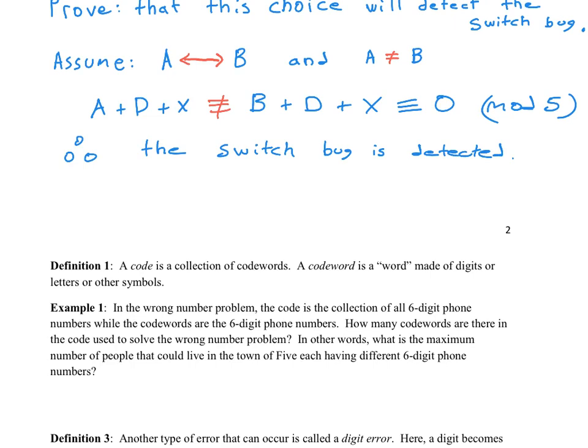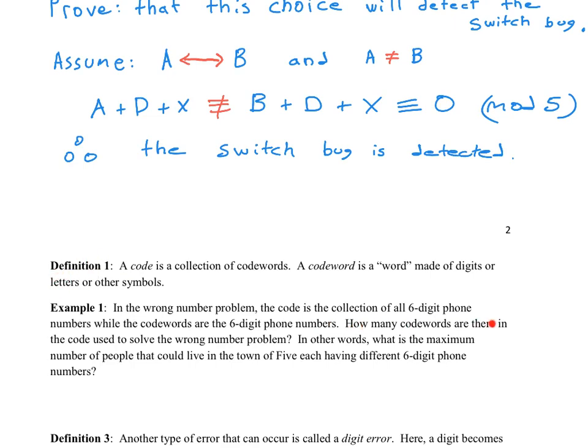So what's the idea with the wrong number problem in relation to codes and code words? So in the wrong number problem, the code is like your phone book, your collection of all 6-digit phone numbers. The code words are the individual phone numbers. So here's a question to just play around with this definition above.